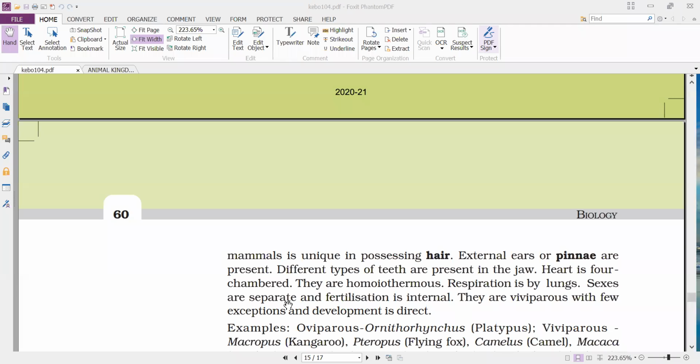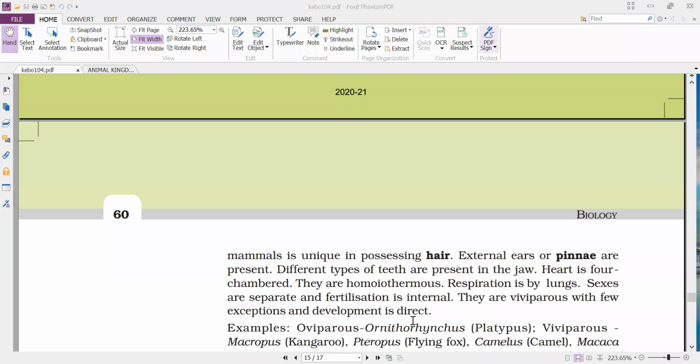And next, the sexes are separate and fertilization is internal. We'll find male and female organisms separately. And next, they are viviparous with a few exceptions.